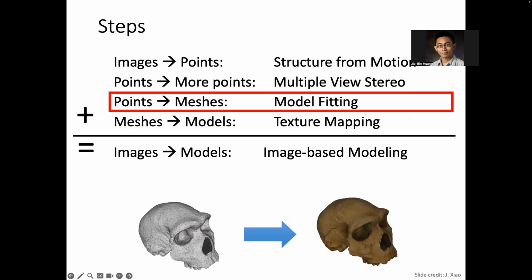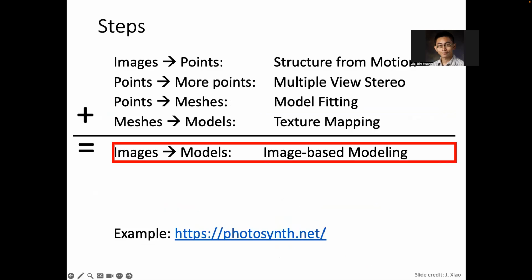You basically figure out the RGB and specular representation of that. Okay. So all together, this corresponds to the so-called image-based modeling. I want to build a 3D model, but use 2D images to do the modeling.